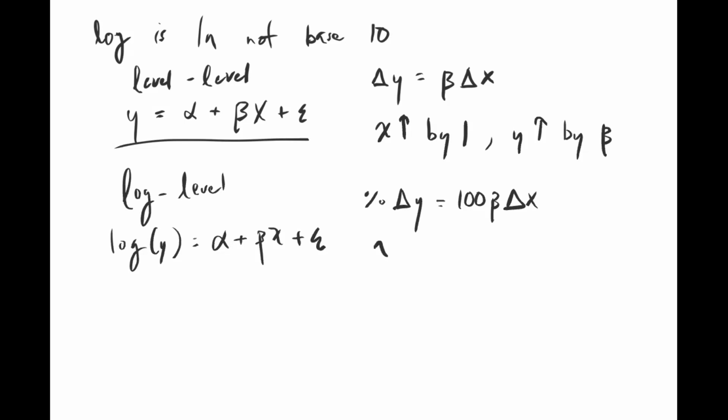So as x increases by 1, y increases by 100 times beta percent. Now unit changes in x are leading to percent changes in y.